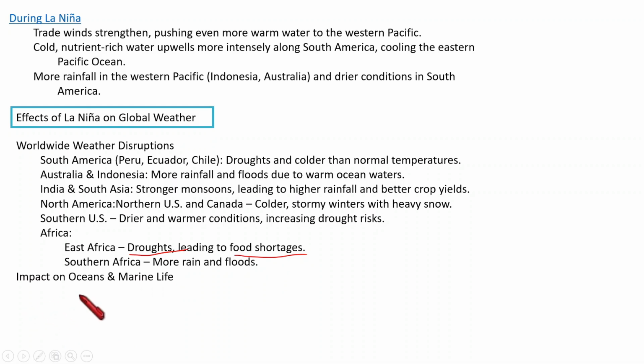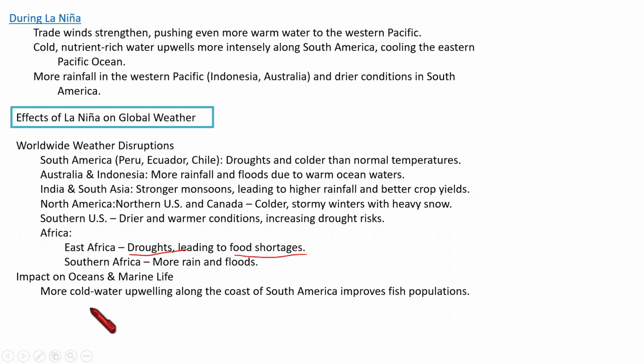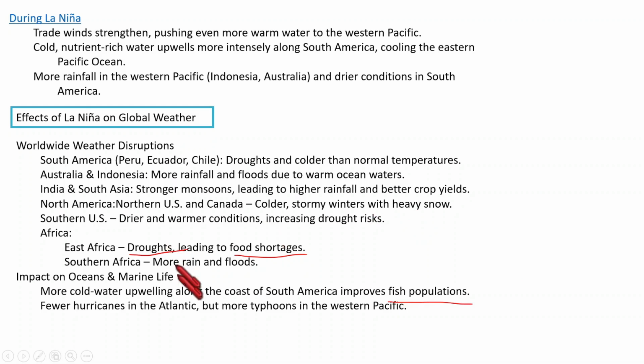Then the impact on ocean and marine life. Here we have seen the upwelling is more, so certainly it is a favoring feature for marine life. More cold water is upwelling along the coast of South America, and that improves the fish population. That is one plus point.